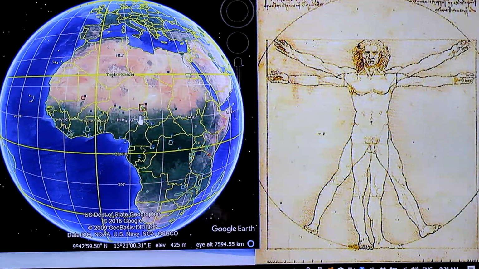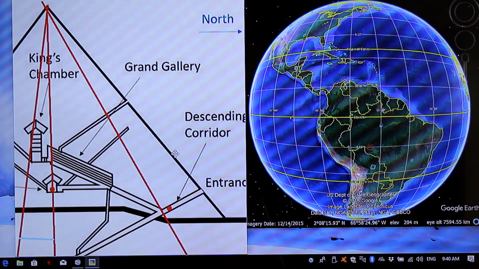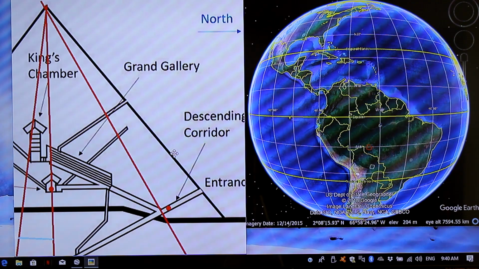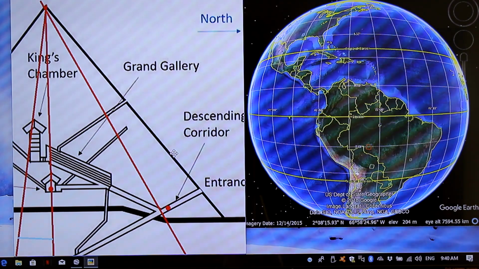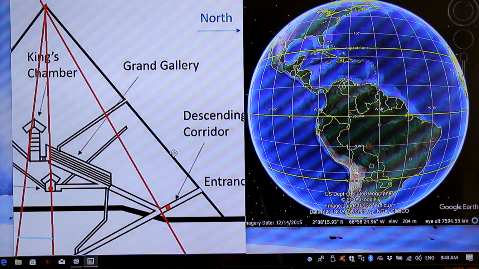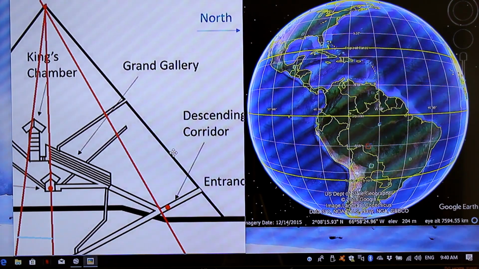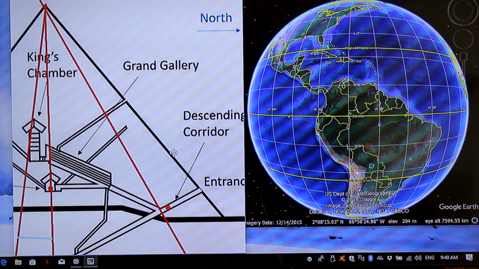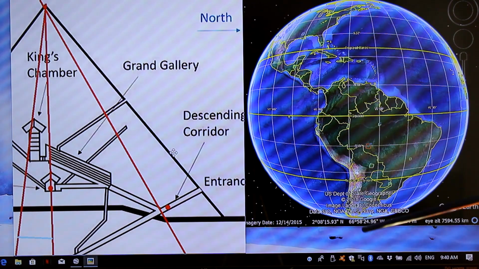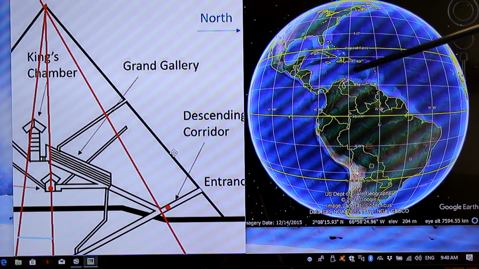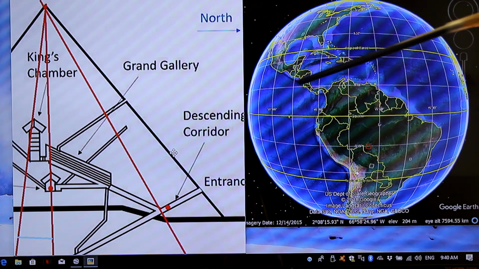We'll go on. Now I have a cross section of the pyramid up against the globe, using this line here, indicating the very line of longitude which is in actual fact the one that the Central American comet impact here corresponds with.